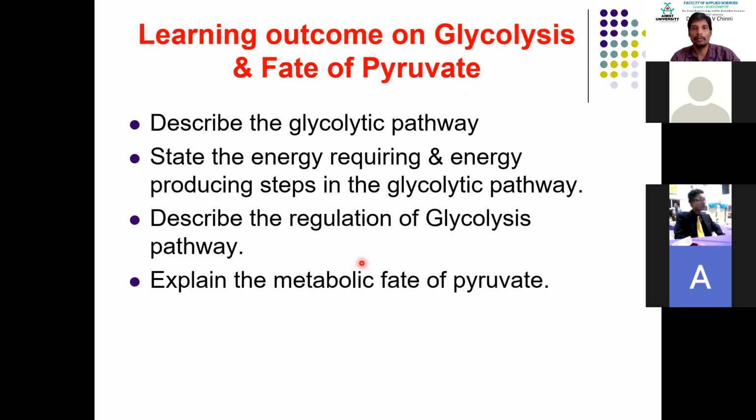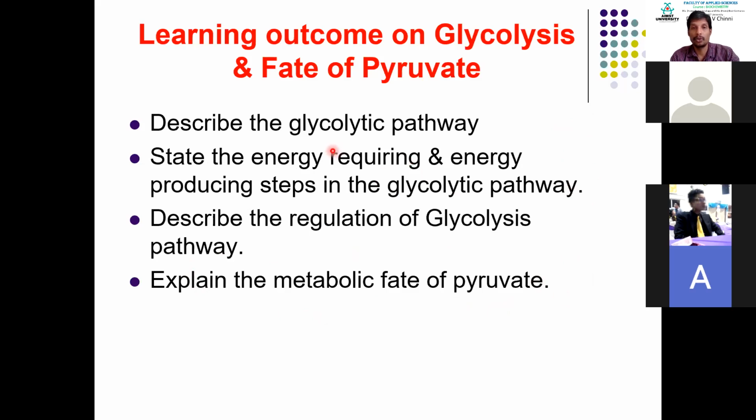So this is the outline of this class that we have seen: the glycolytic pathway, stating the energy-required and energy-producing steps in the glycolytic pathway, describing the regulation of the glycolysis pathway, and explaining the metabolic fate of pyruvate. These are the things you have learned in the last class and today's class together.